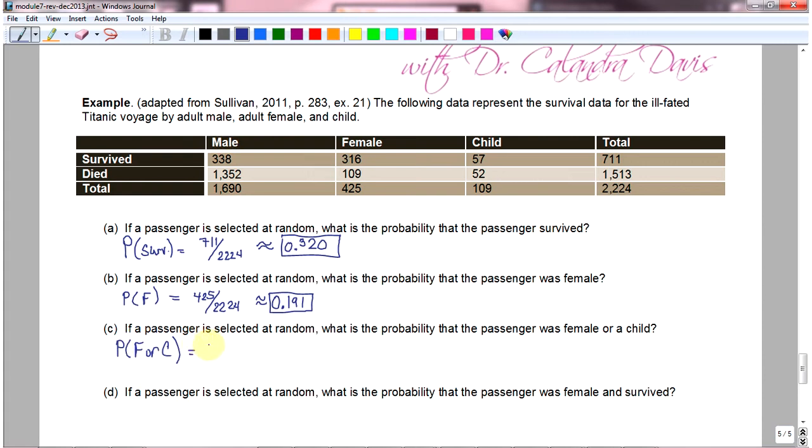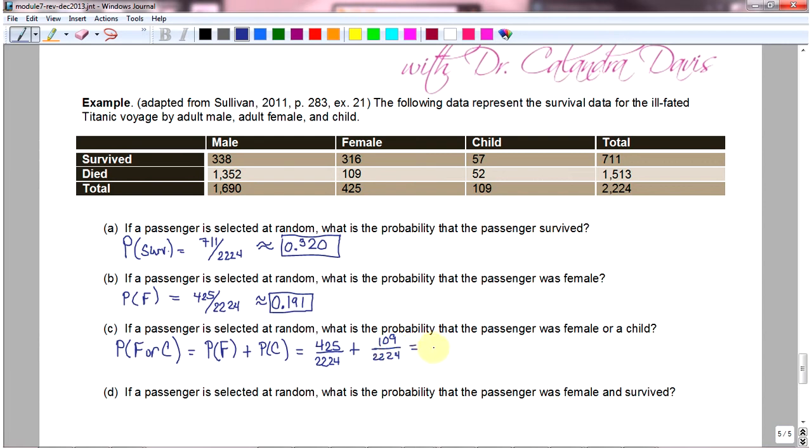So since these are independent, we just find the probability that the passenger was female and add to it the probability that the passenger was a child. So for the probability of being female, we already found that one, but let's go ahead and write it as a fraction. 425 out of 2224 plus the probability that someone was a child was 109 out of 2224.